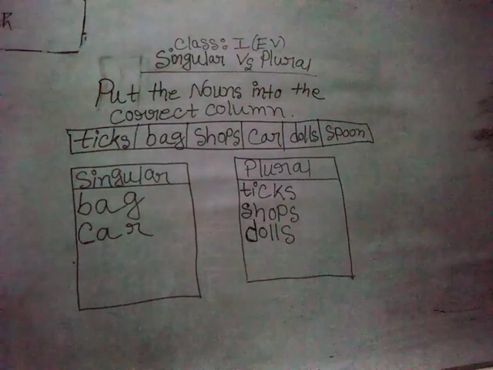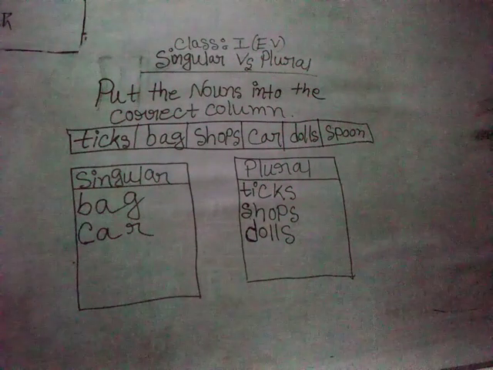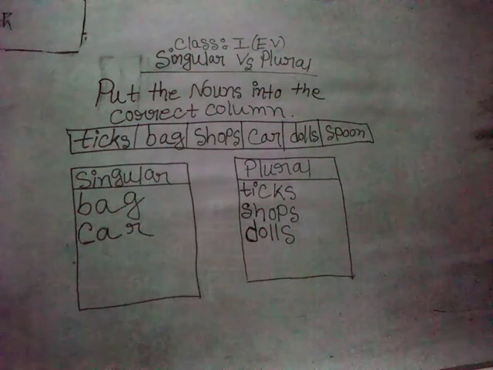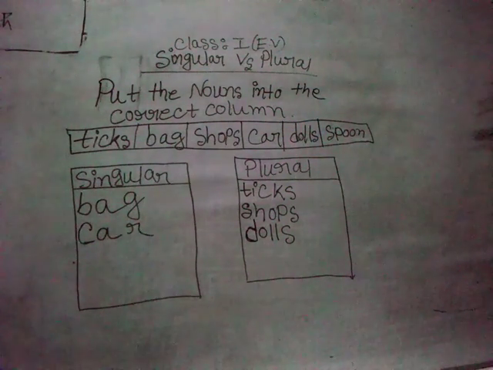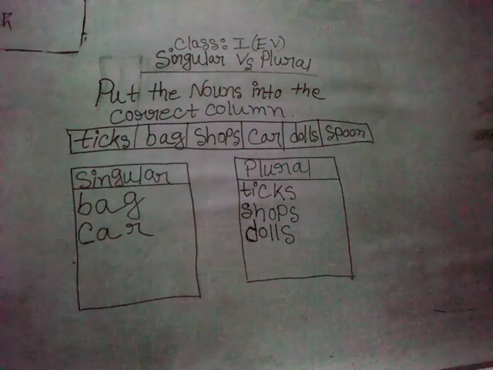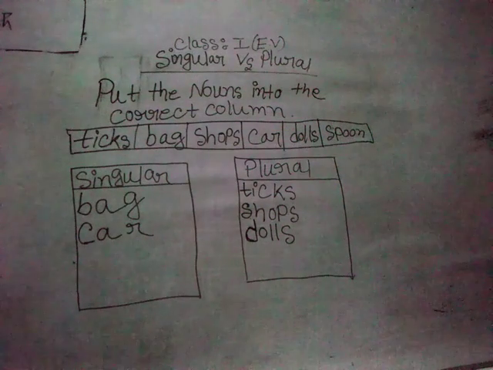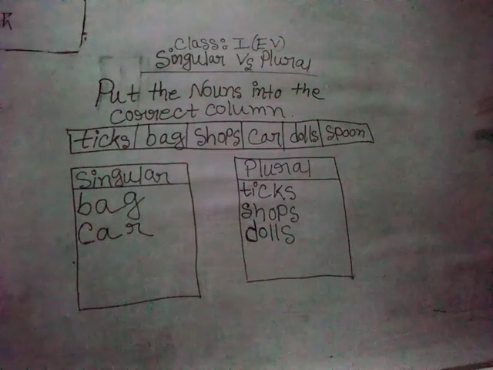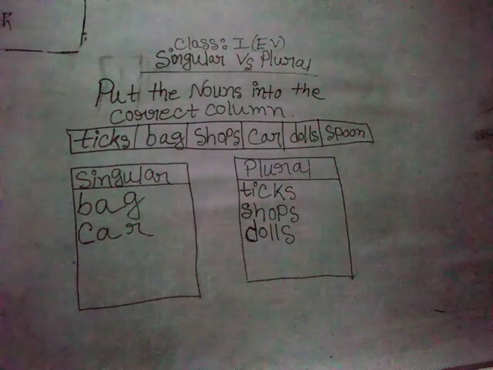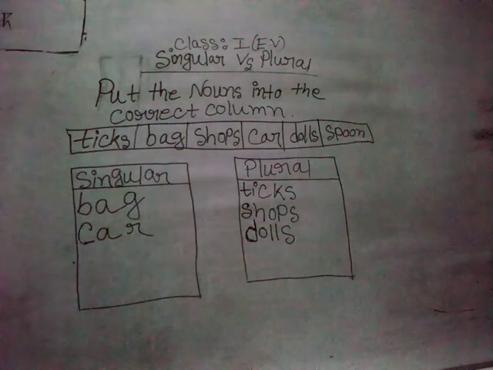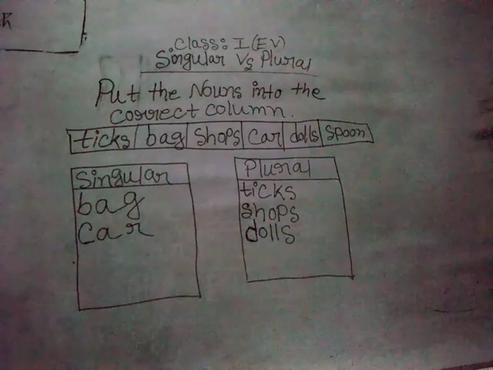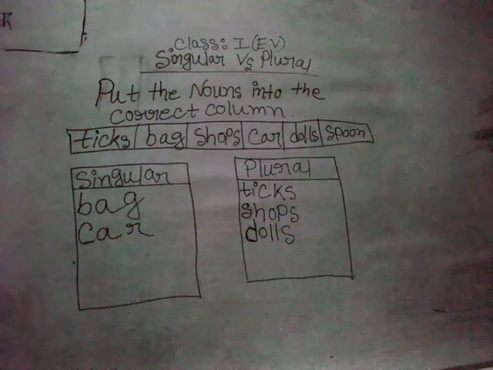That means there's only one spoon. If it is not more than one, then of course it should be placed into the singular column, if we are not having an extra S or ES just after the specific noun. Okay, babies, so we are going to place the word spoon into the column singular.